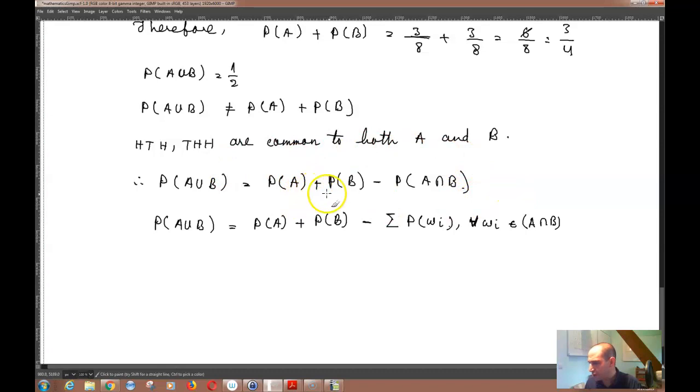Thus we observe that the probability of A union B is equal to P of A plus P of B minus P of A intersection B. So that's the formula that we were looking for.